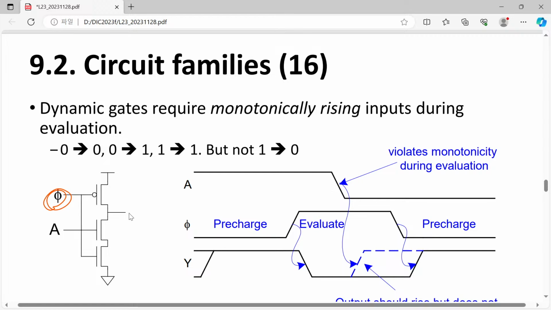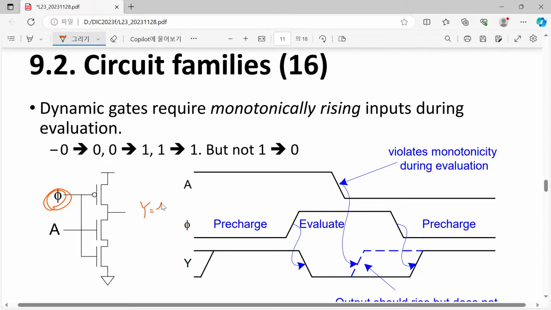Since it is assumed that we have an already charged value and discharging is determined by A, the allowed behavior is okay: it was 1, and A either makes it discharge so it becomes 0, or it is not discharged at all, so it is just kept as 1.